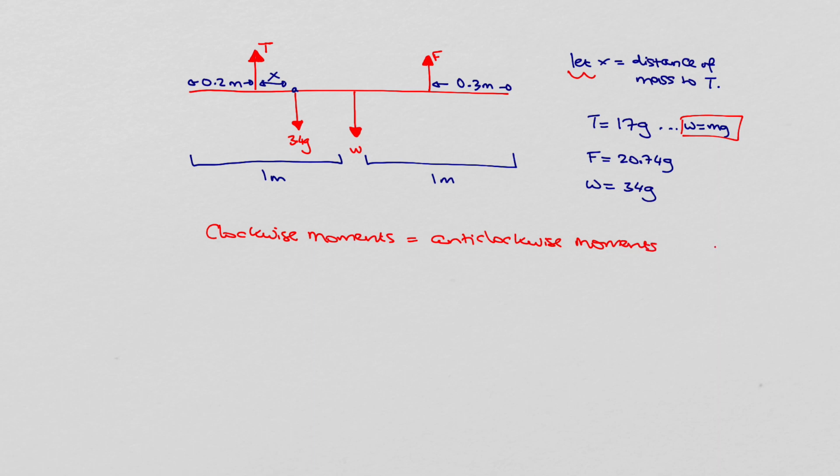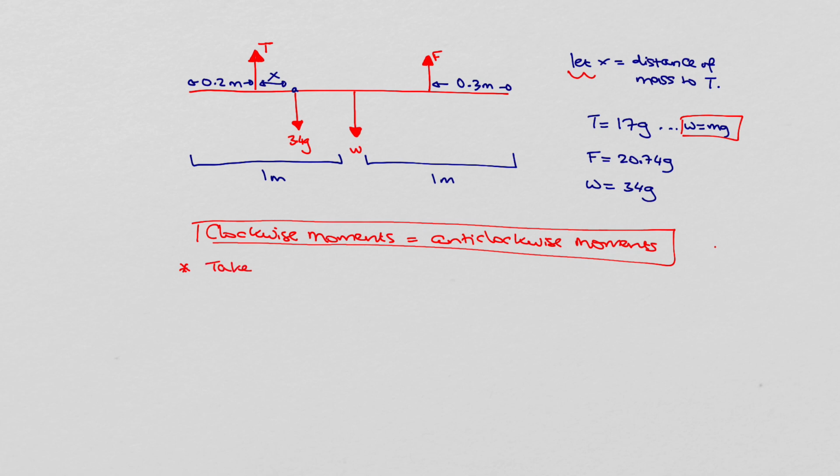So what we're going to do is choose our fulcrum, and I'm going to choose the fulcrum to be the upward force T. So we're going to take our fulcrum at T. So that means that's going to eliminate that upward force at T.